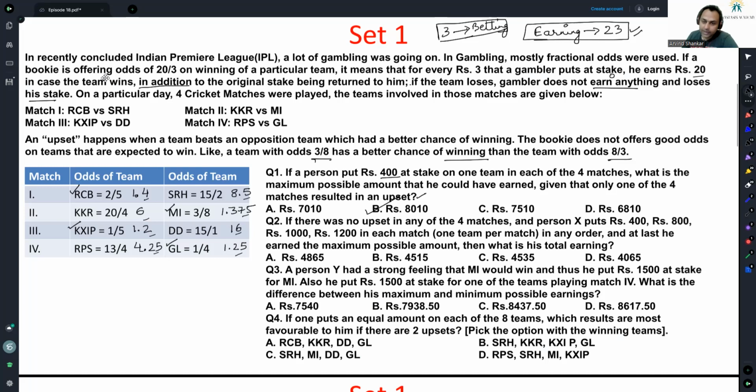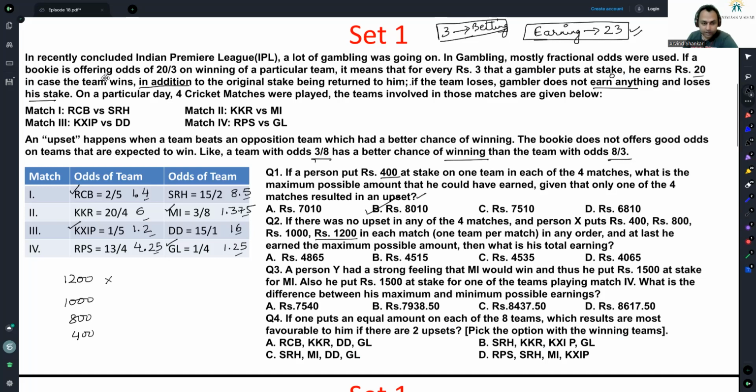If there was no upset in any of the 4 matches and the person X put 400, 800, 1,000, 1,200 in each match, 1 team per match in any order, and at last he earned the maximum possible amount, what is his total earning? So basically I have to line up 1,200 and 1,000 and 800 and 400 with the returns that you are getting for the favorites.